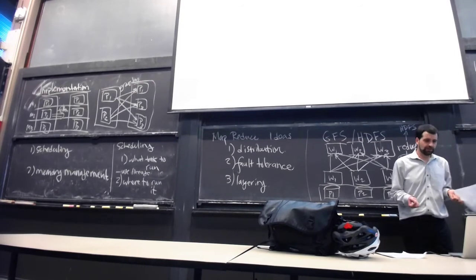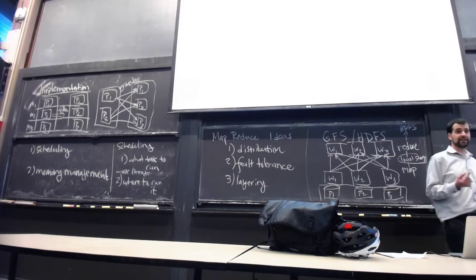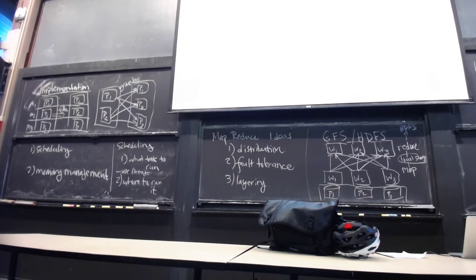If it's not available in memory, I can't run it, and I have to wait until C gets loaded into memory before I can do it. That's basically all they say. They reference some paper of theirs that talks about how to schedule this in a fair way so that you compute this as efficiently as possible, but I don't think they have anything very deep to say about that.